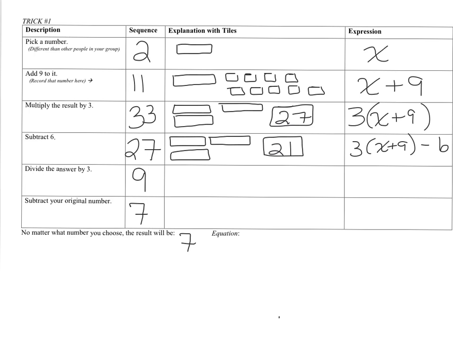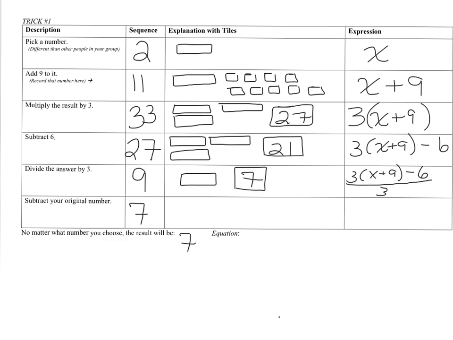All right, now we're going to divide the answer by 3. Now think about your tiles. All the tiles, you divide everything by 3. So if you have 3X and you're dividing that by 3, you're now just down to 1X, and then 21 divided by 3 is 7. So now your expression is 3 times X plus 9 minus 6, and that whole thing now is divided by 3.